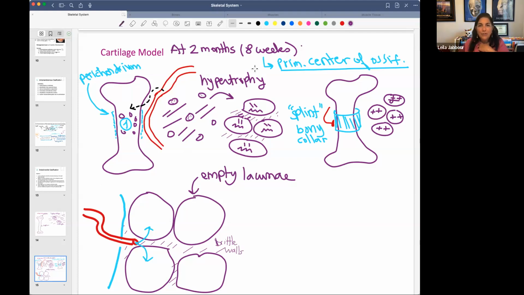And by the way, I forgot to mention, it's brittle because there's also calcium ions that deposited and made it hard and brittle. So it was already thin, and then you have calcium ions coming in. Now it's thin and brittle. So when the blood vessel pokes through, it literally can break a passage to get to these caves.